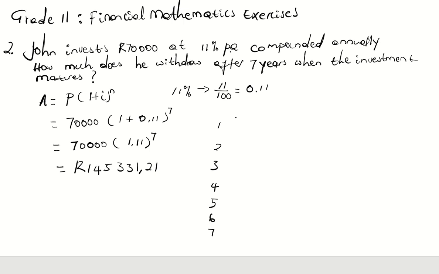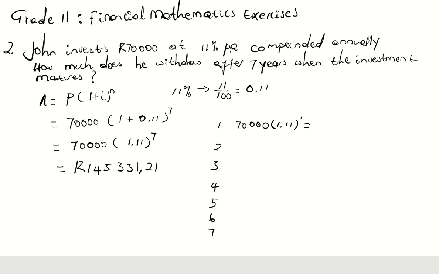So in the first year, he's going to get 11% of 70,000. So that is 70,000, and we want 11% of that in a year. Let's see what this works out to.